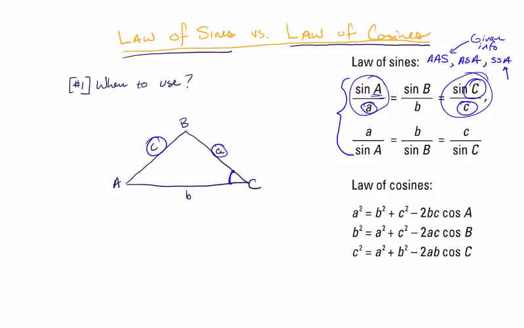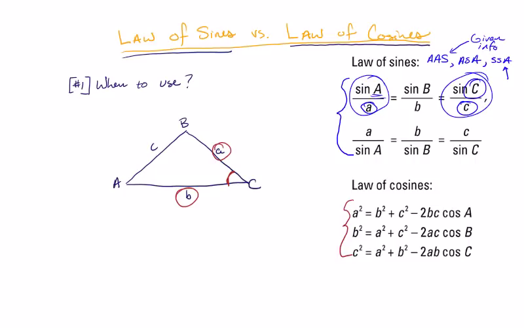The other law, our law of cosines. When would you use law of cosines? You would use it when you're still finding a missing side or a missing angle, but the information given to you is a little different. You have to know at least two sides, and then the angle that they create.